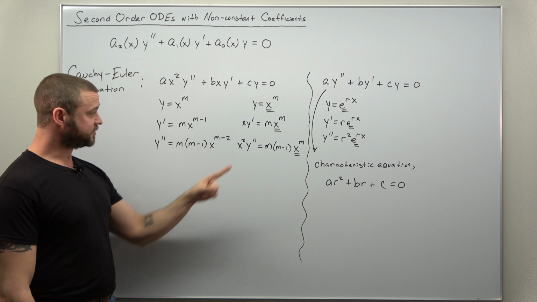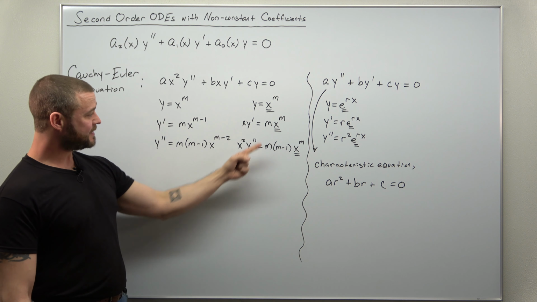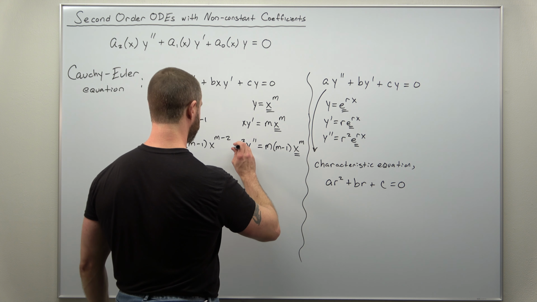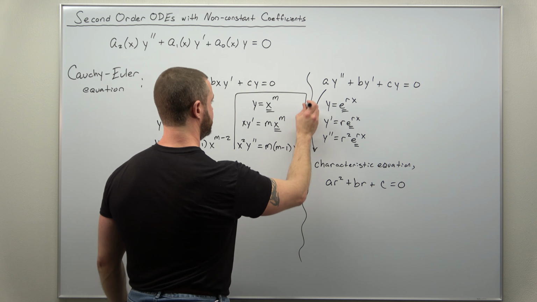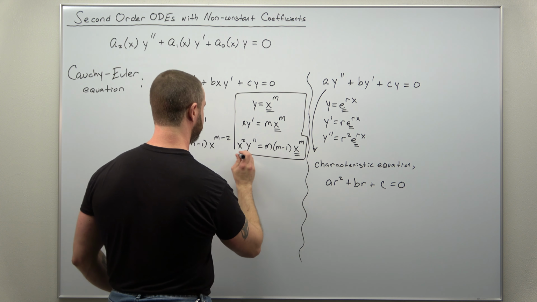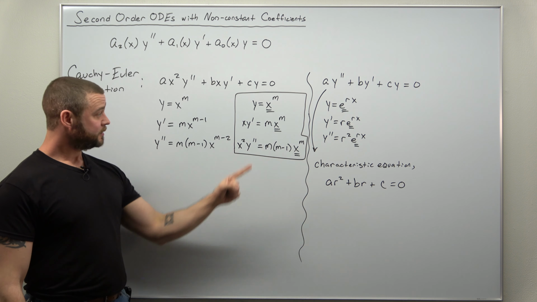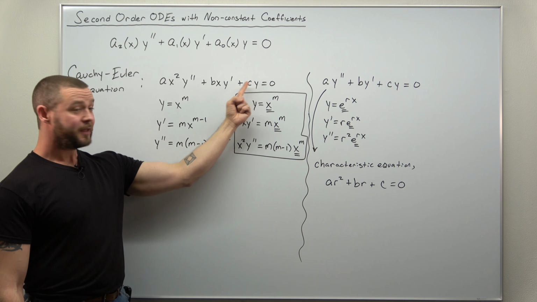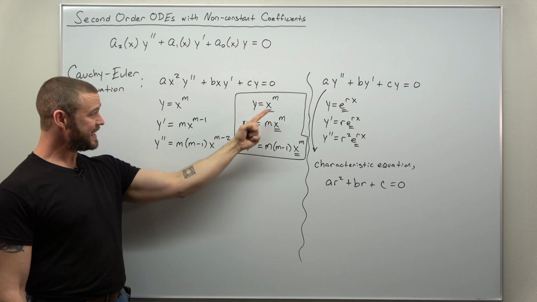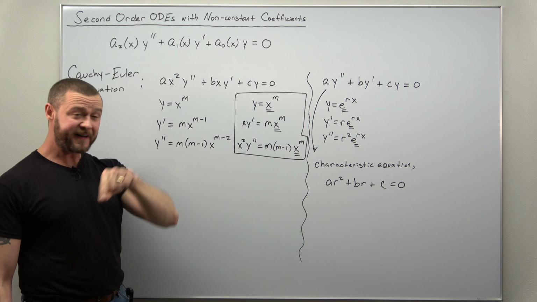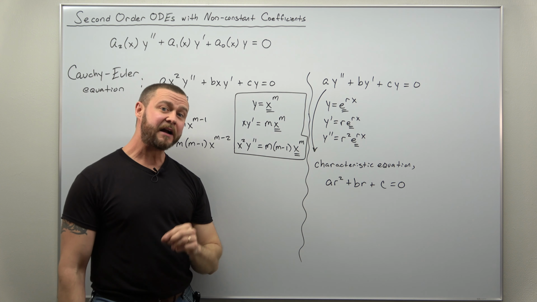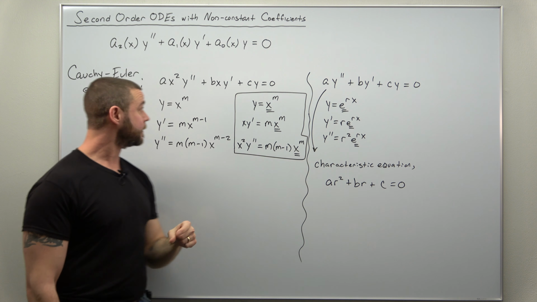Now our work here is very similar. Notice if I take these three quantities, these are essentially how you start solving every Cauchy-Euler equation. Notice when I plug these all back in, all three of those terms contain x to the m, so I can factor it out just like I would have factored out e to the rx over here.